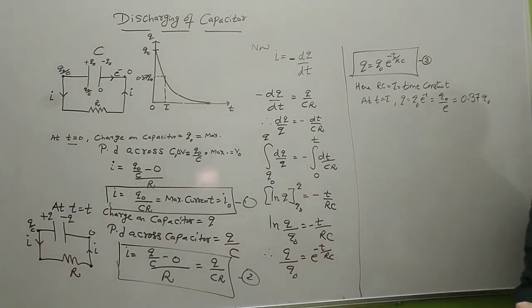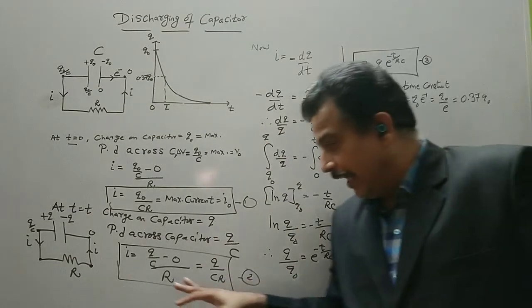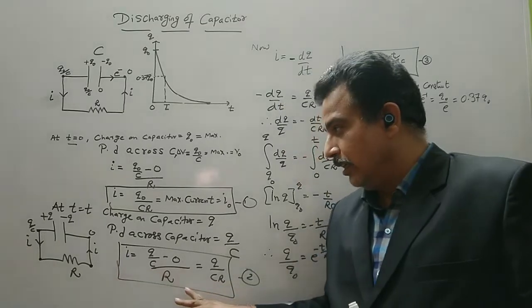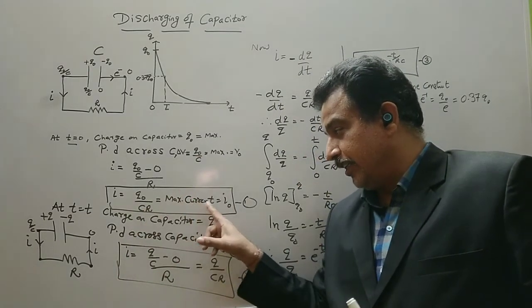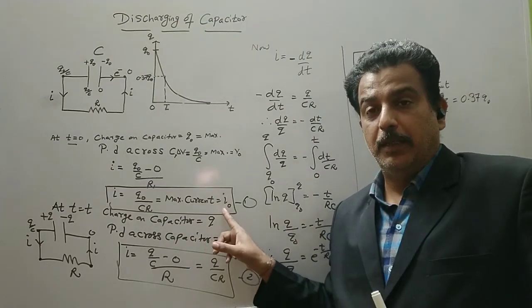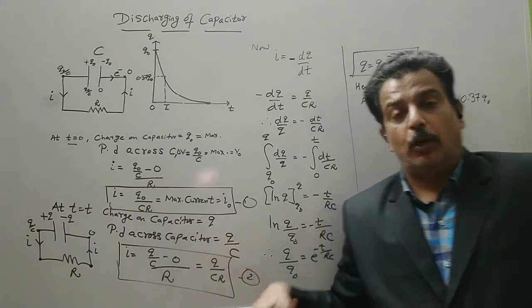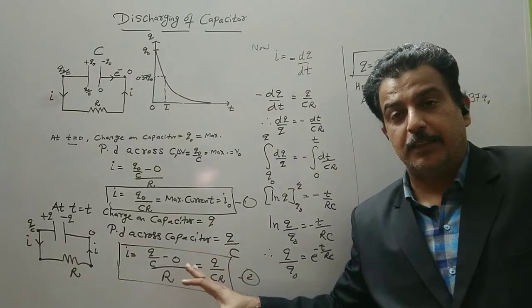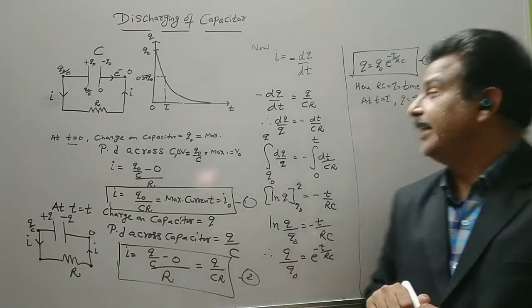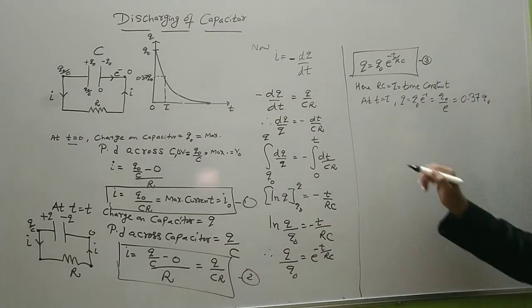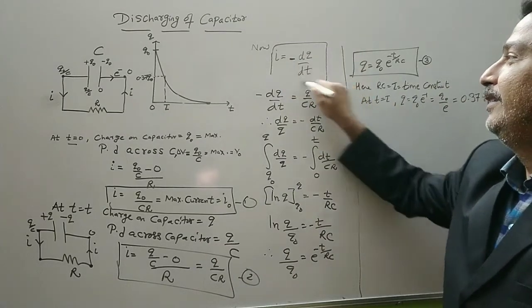Now let us see the current. As we have already seen, Q naught was maximum, so the current in the circuit initially is maximum. Now by common sense also the current is decreasing. But what should be the current in the circuit at any instant? So again we use this equation.